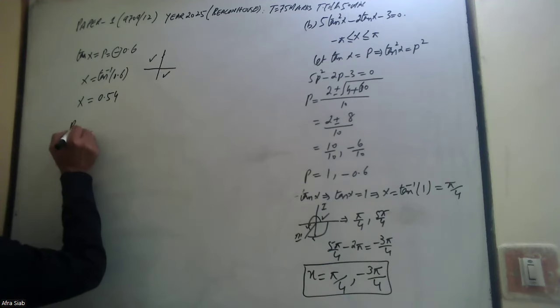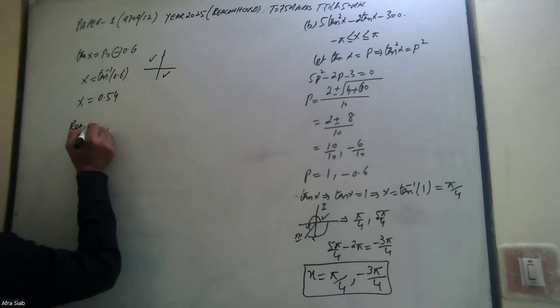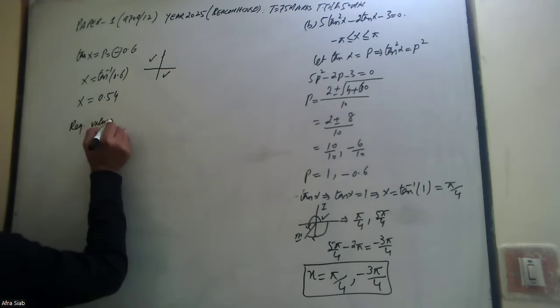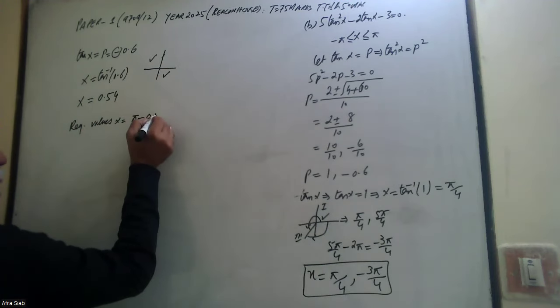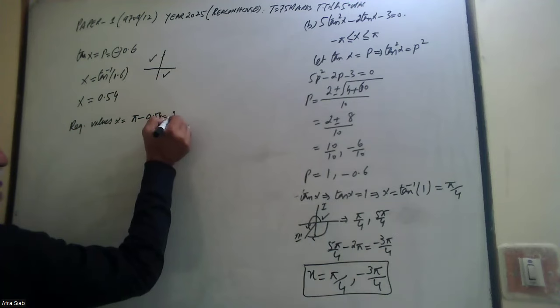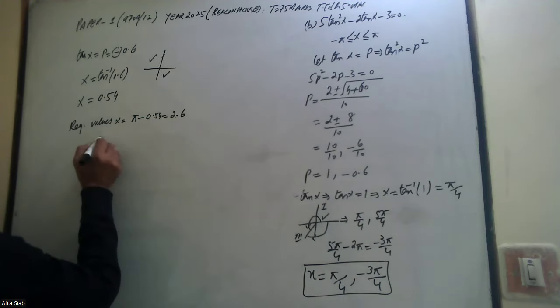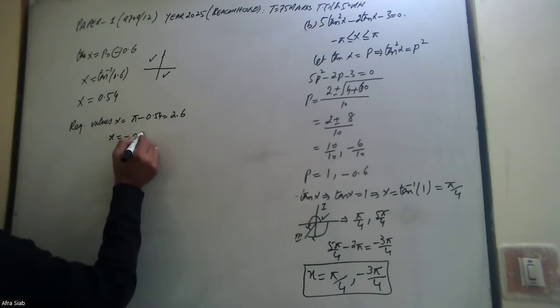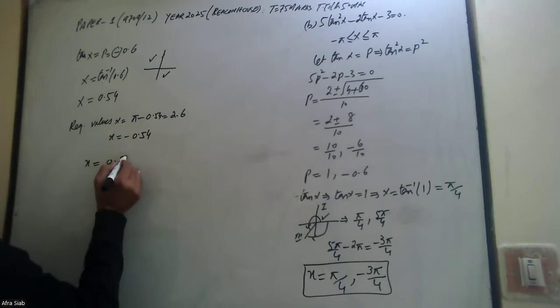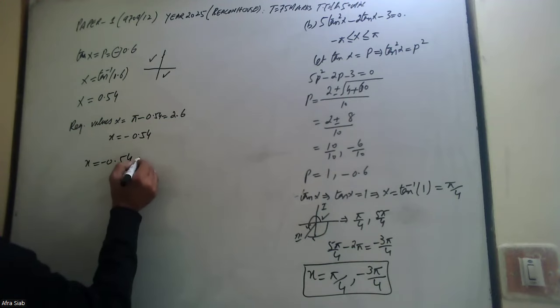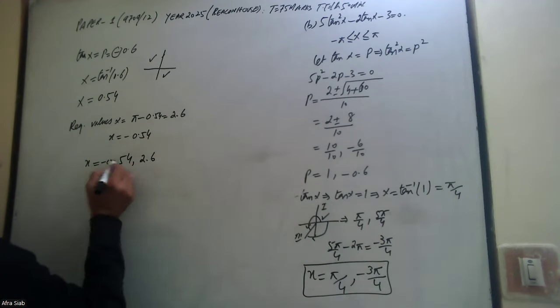So our required values of x will be pi minus 0.54, that is equal to 2.6 radian, is one value, and the other value of x is minus 0.54. So x has two values there: one is minus 0.54 and the other value is 2.6.